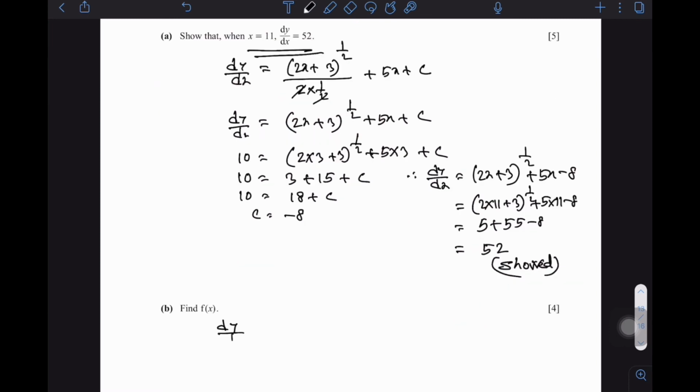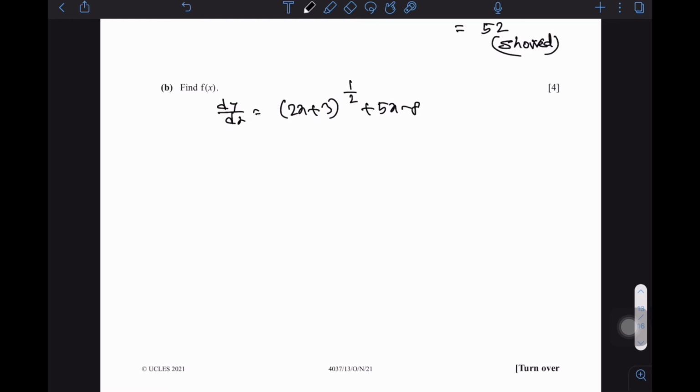Dy by dx equals 2x plus 3 to the power half plus 5x minus 8. Let us integrate this one. If we integrate, it will be y equals 2 into 3 by 2, I mean half plus 1, 2x plus 3 to the power half plus 1, so this will also be 3 by 2, 5x square by 2 minus 8x, let me take the constant as d.